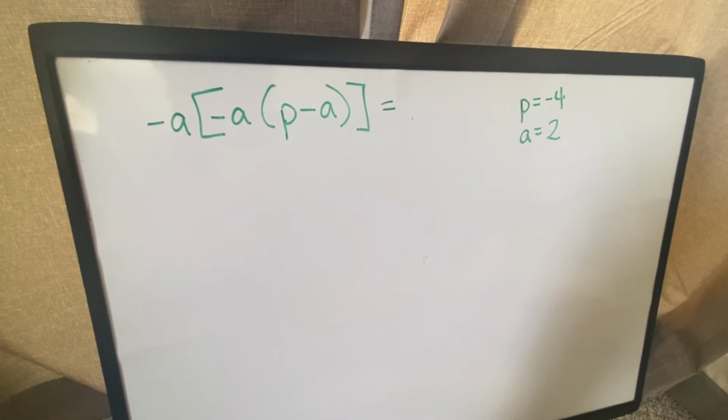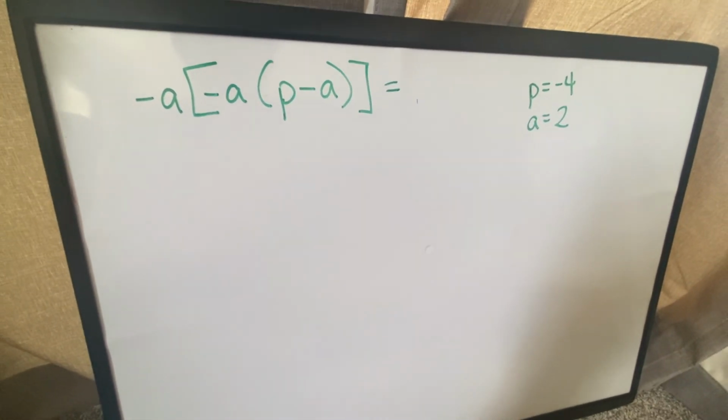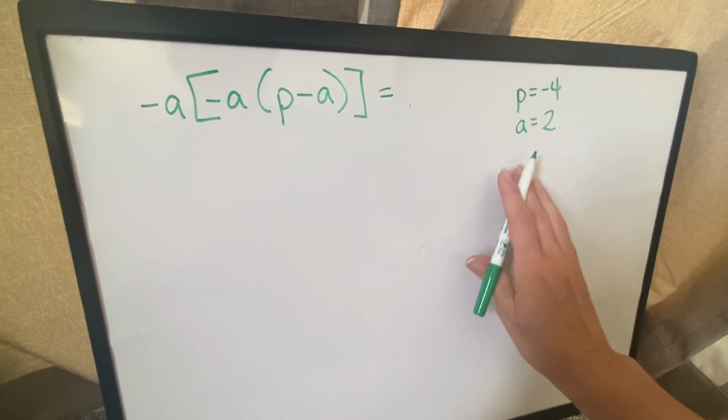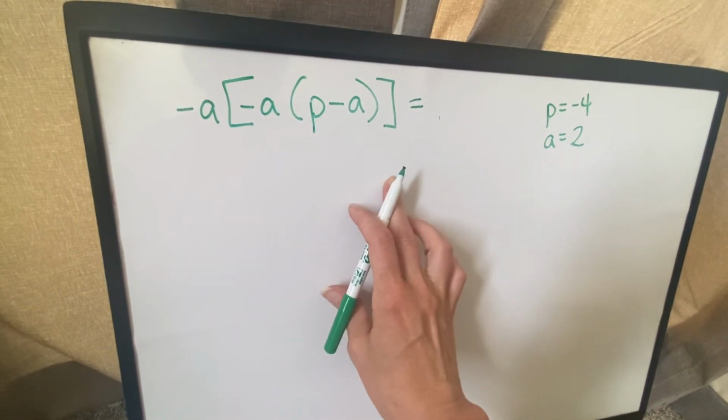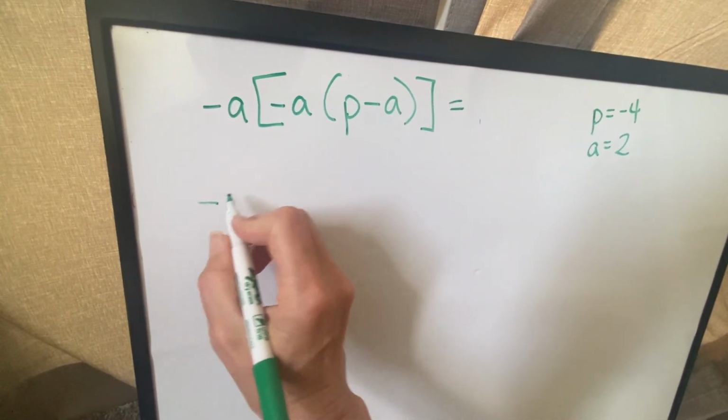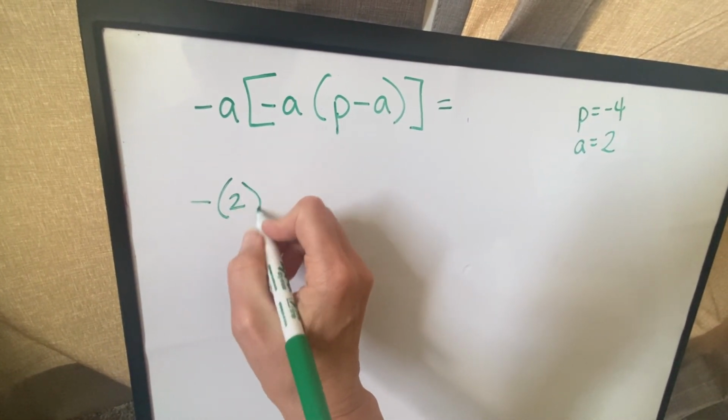This is letter A, page 73. Their values are P is -4, A is 2, and here is our equation. So we're going to start. Anytime that there's an A, we're going to put a 2.